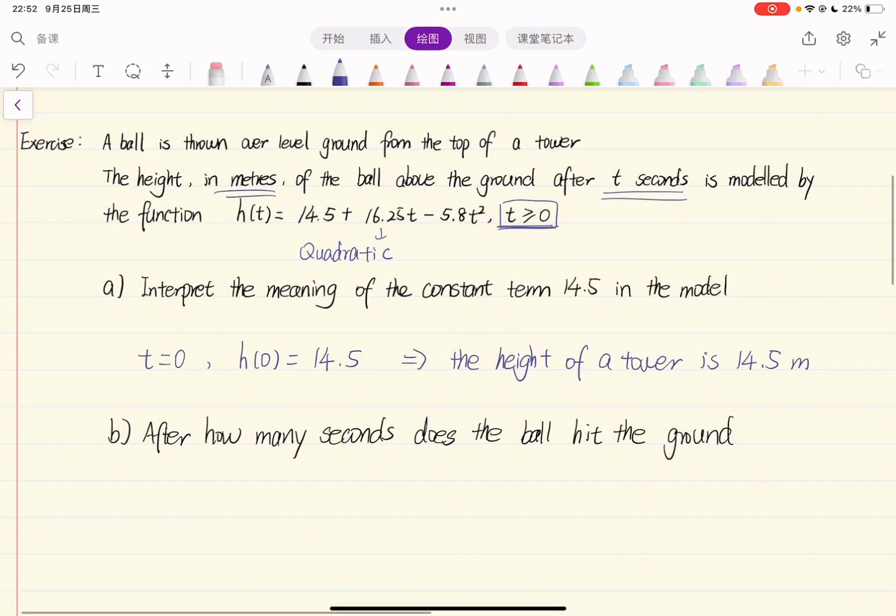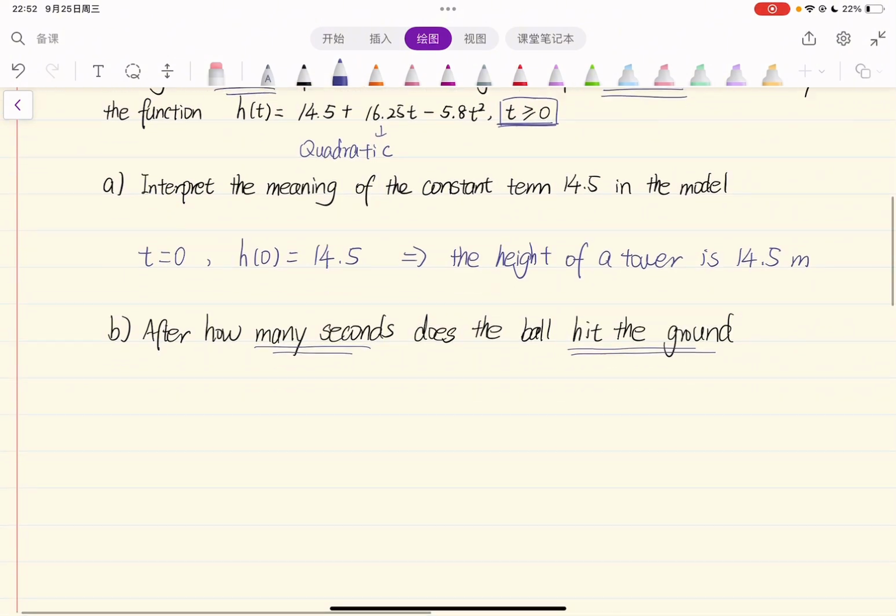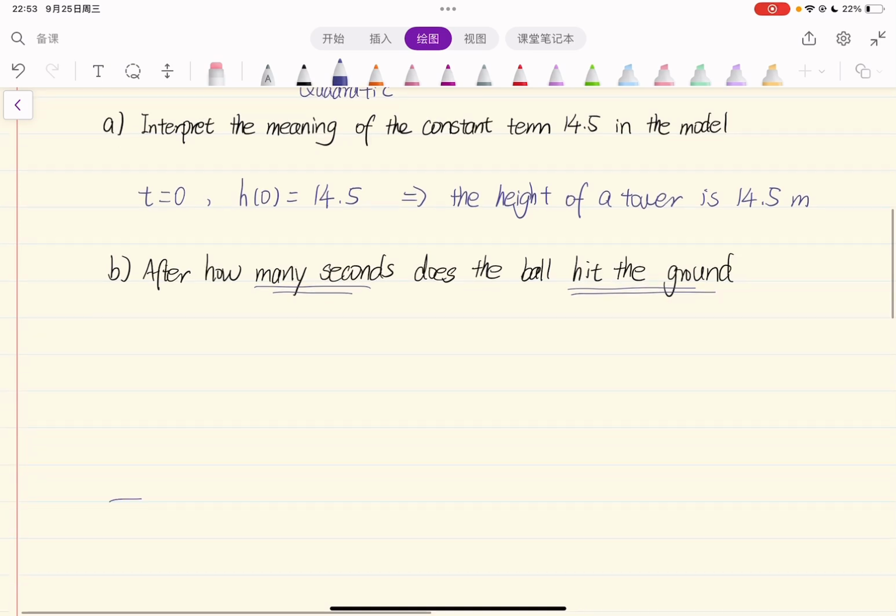Now, for part B, the question asks you, after how many seconds does the ball hit the ground? Well, I think we can draw a graph or a diagram to see what happened to this ball. We can draw here the level ground and here is the height.